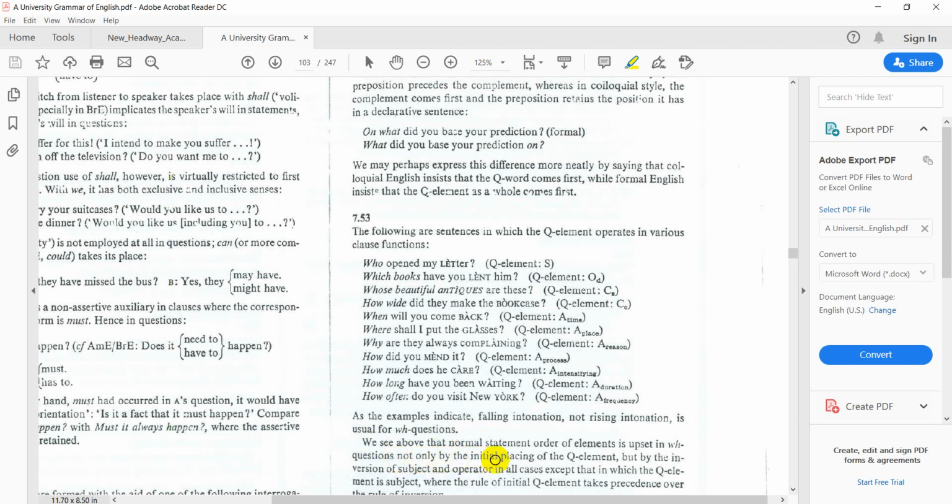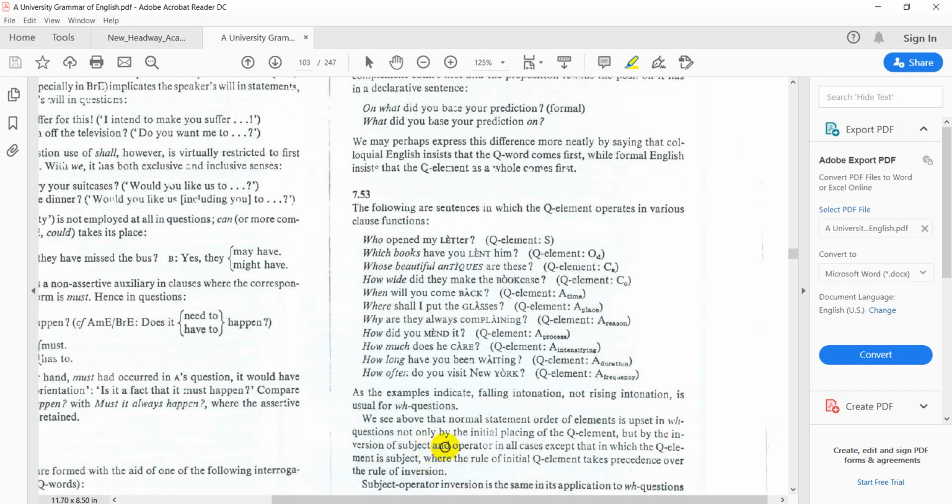We see above that the normal statement order of elements is absent in WH question, not only by the initial placing of the Q element, but also by the inversion of subject and operator in all cases. So what it shares with yes, no question is that in both the WH question and yes, no question, there is an inversion between the subject and the operator.